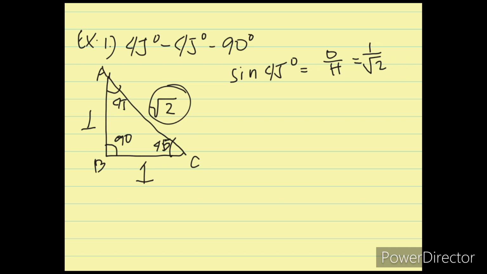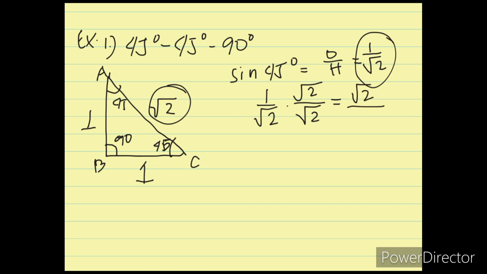Remember that in a fraction, there is no radical involved in the denominator. So we simplify 1 over square root of 2 by multiplying it by square root of 2 over square root of 2. So 1 times square root of 2 is square root of 2, and square root of 2 times square root of 2 is square root of 4, because 2 times 2 is 4. Now simplify, square root of 4 is 2. So therefore, the sine of 45 degree is square root of 2 over 2.